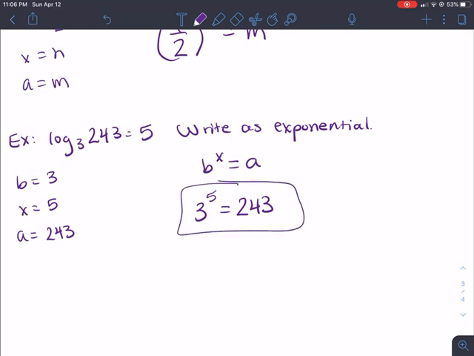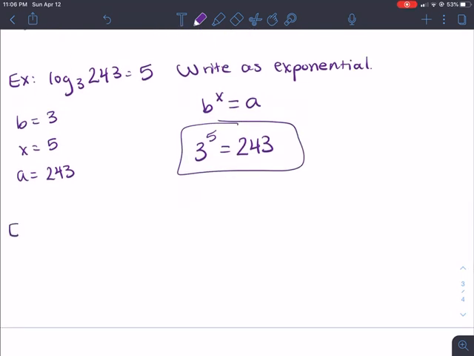Okay, I'm going to do another one. One more example of how you write it as an exponential function. Okay, so we're going to do log base 1/5 of v equals w, and they want us to write it as exponential.